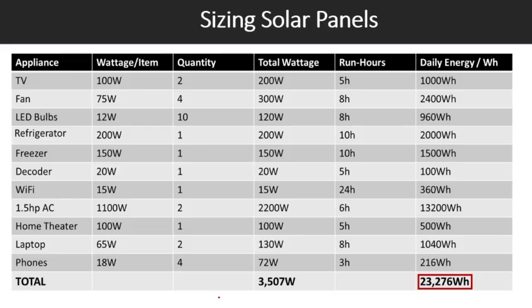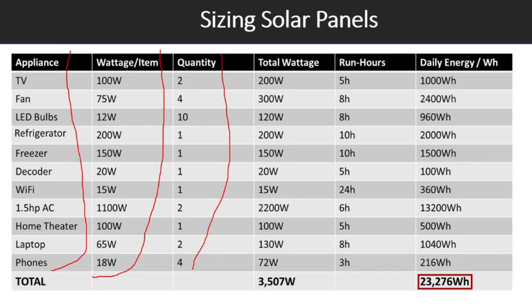Now let me do a recap on how we are able to get all of these figures. You can see the first column here from our load analysis table is our appliances, and the second column is their wattage, that's their power consumption. The next column is their quantity, how many of these appliances, and the next column is their total wattage, their total power consumption.